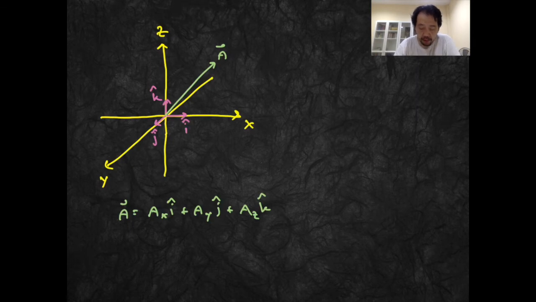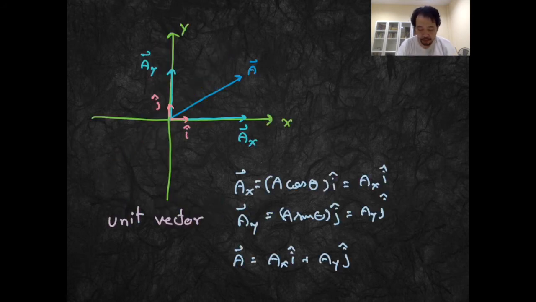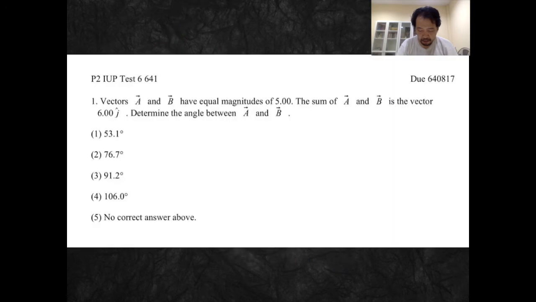Now, let's go back to the problem. We say that the vectors A and B have equal magnitude 5. The sum of A and B is the vector 6j. This means the angle between A and B is what?